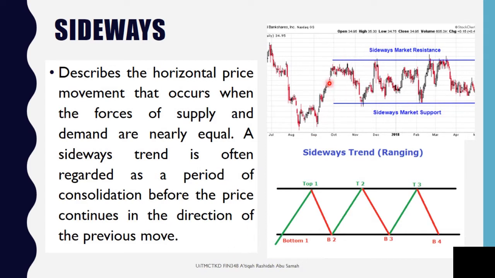For example, here we have a downtrend and later an uptrend, and they make some correction here. Later we will take a look at how this price goes, whether it continues with the previous move or makes some reversal.